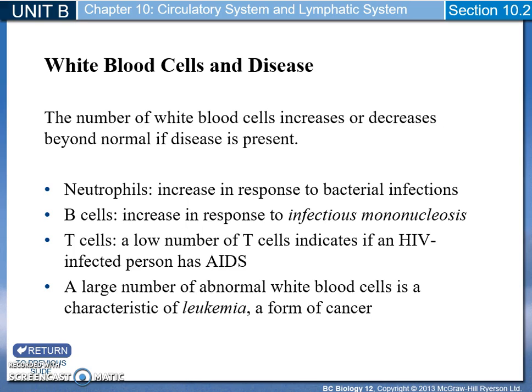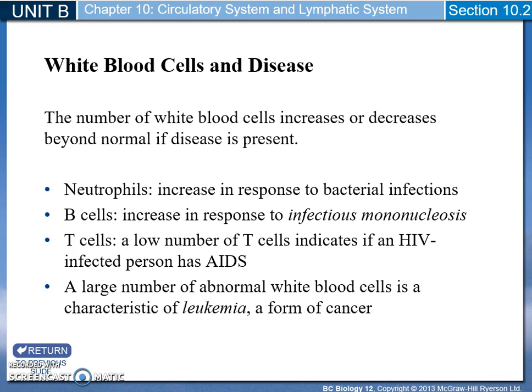So as far as their role in combating disease, the number of white blood cells either increases or decreases beyond normal. So we have normal levels of these in the bloodstream at any given time. However, the body will increase the number of neutrophils in response to bacterial infections.